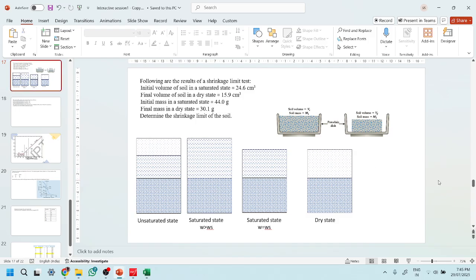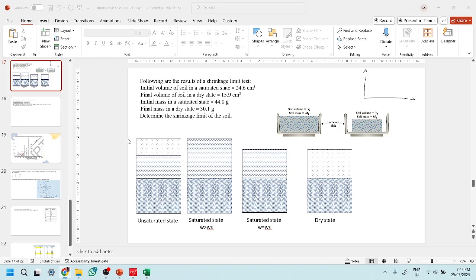So as we discussed earlier, the shrinkage limit is the minimum moisture content for saturation.